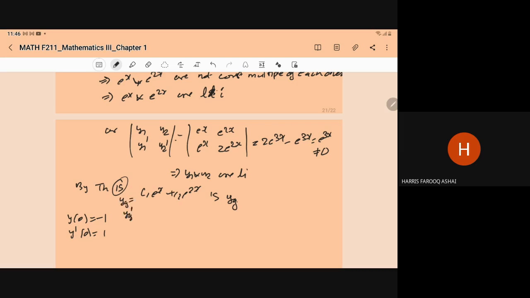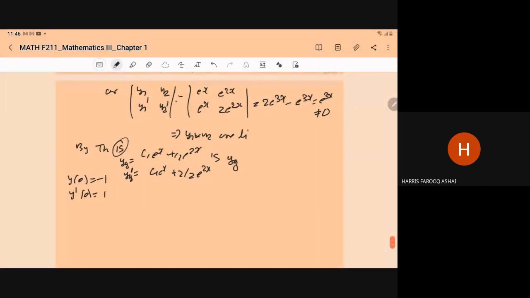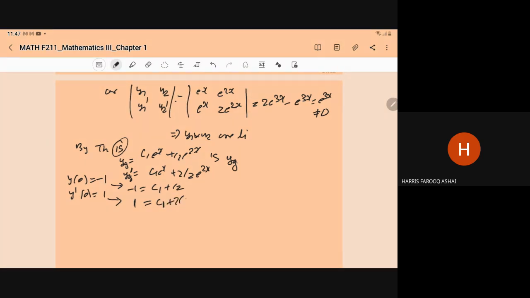So yg dash will become c1 e to power x plus 2 c2 e to power 2x. Now when we put the first condition, x is equal to 0, so it is -1 equals c1 plus c2. And when we put in the second condition, it will be 1 equals c1 plus 2c2.